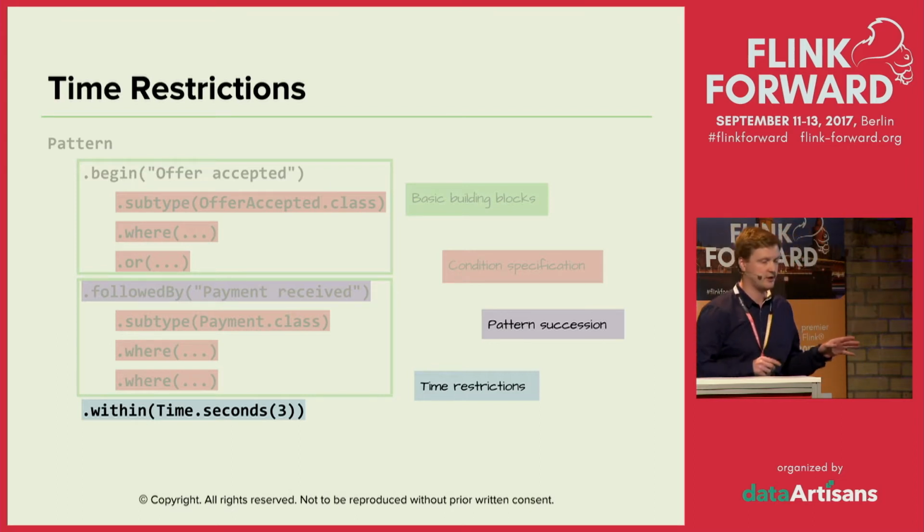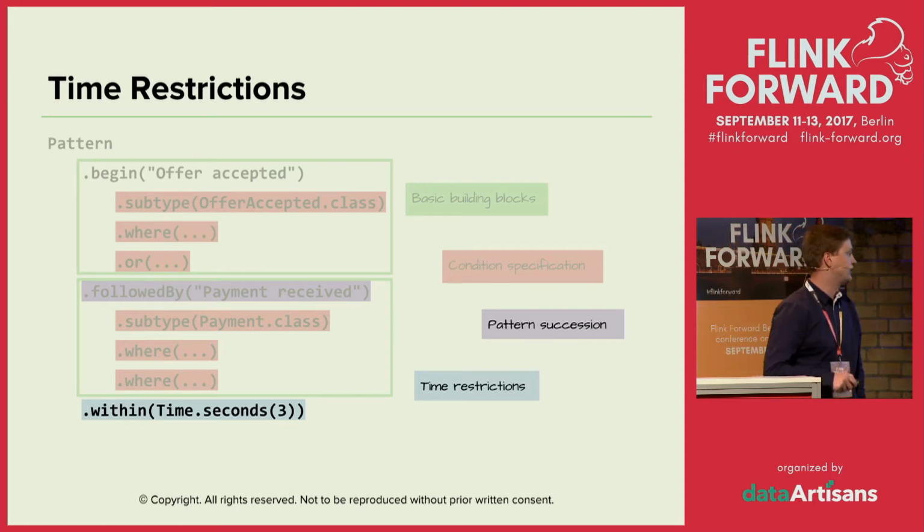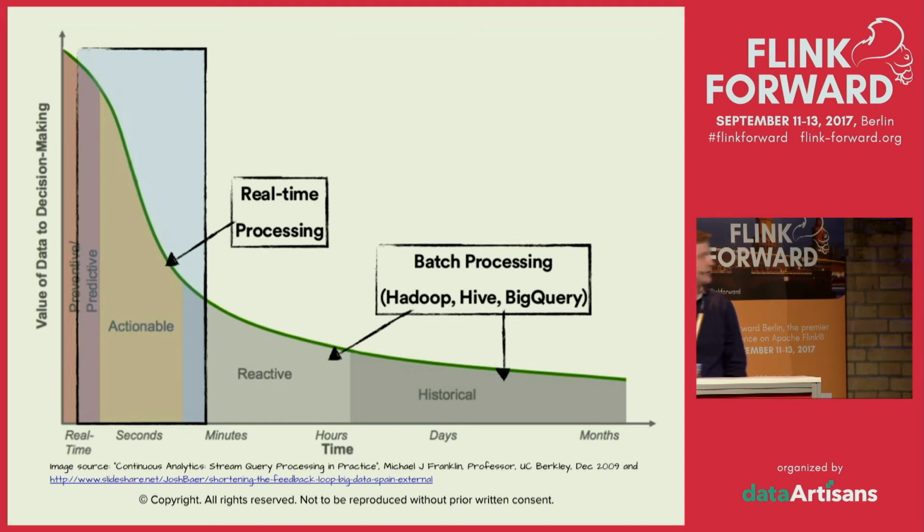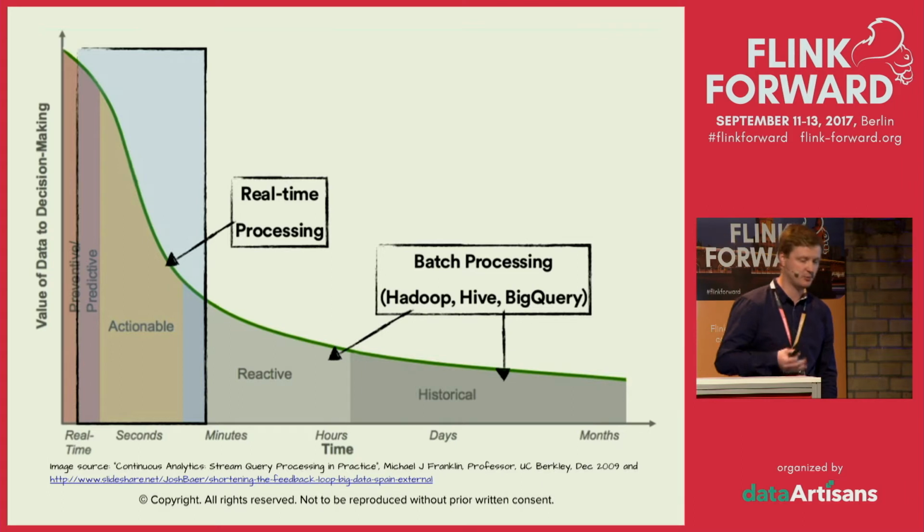It rather serves as, let's say, a time to live for a pattern, so that a trigger will be generated as soon as a sequence appears, but if it doesn't appear in that period, then it will be discarded. I think it fits perfectly into that theorem that the sooner we get some new data, some new information, the more value we can make out of the decisions based on that new data.